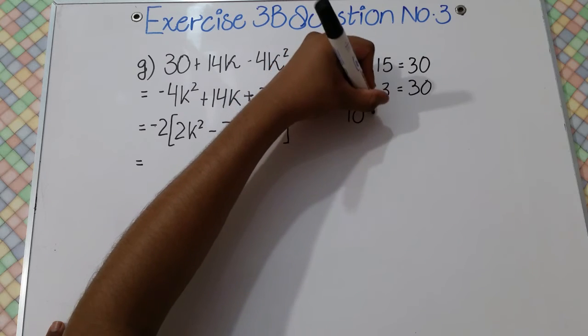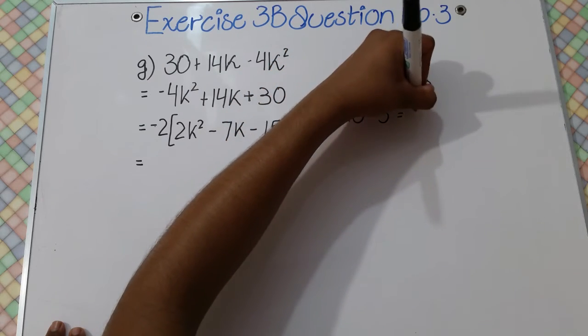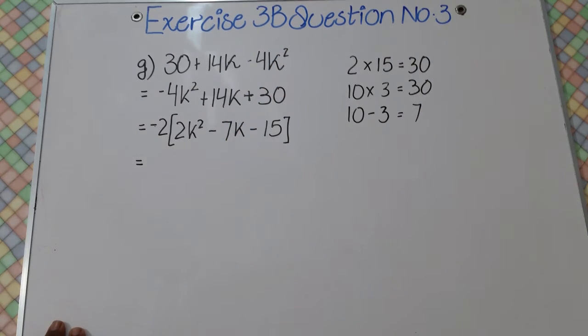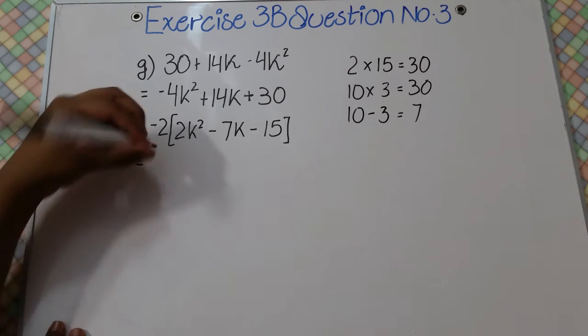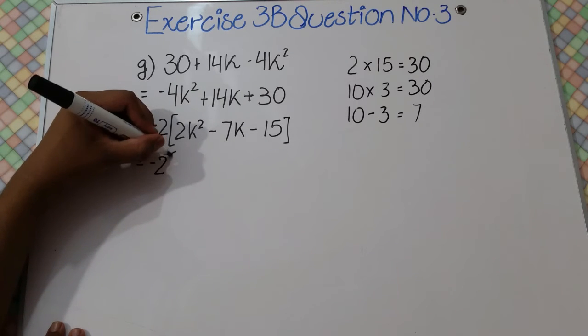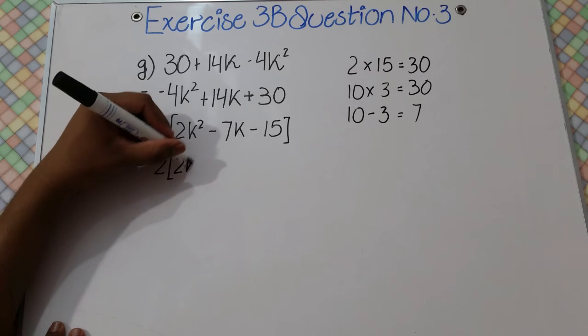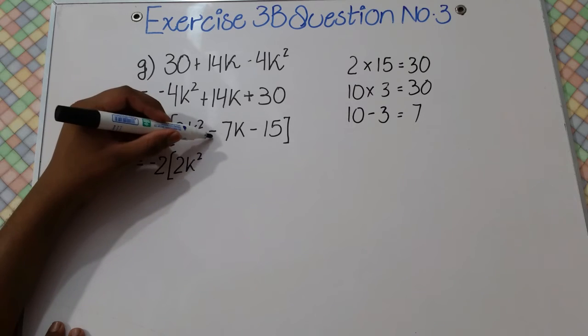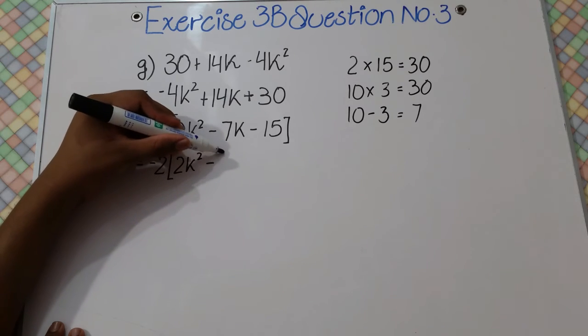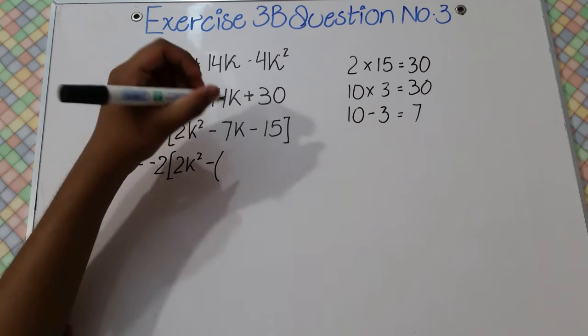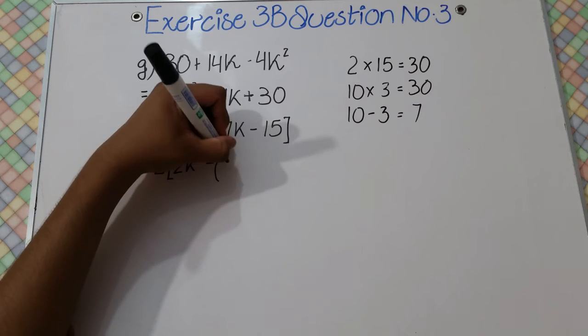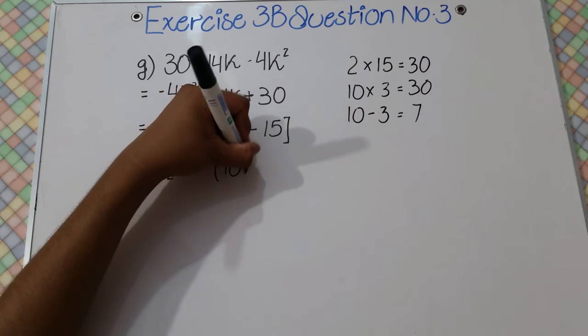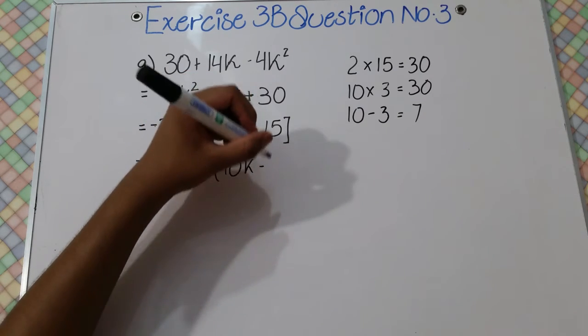And then if we subtract, it is 7. It's the middle term. So minus 2 bracket 2k square. So I'm going to put this negative sign outside, and then in the brackets I'm going to write this expression, means 10k and minus 3k.